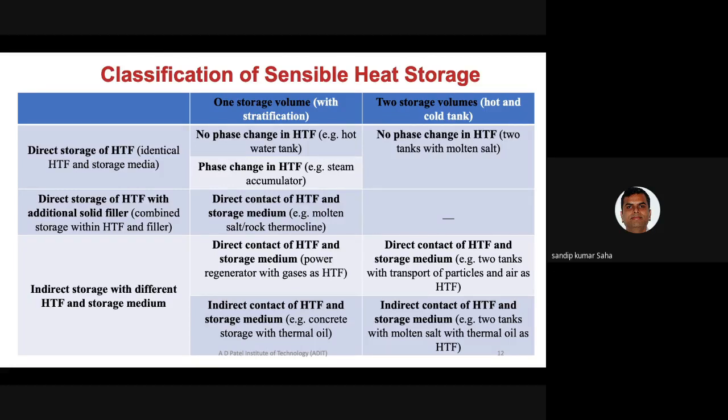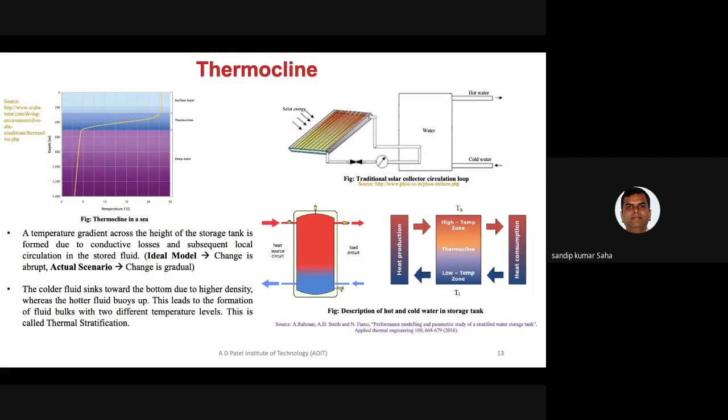Here, phase change means I will only show you the phase change from solid to liquid, but not liquid to vapor. If you are interested, I can also discuss that a little bit. But mostly in our thermal energy storage systems, we use solid to liquid, not liquid to vapor.